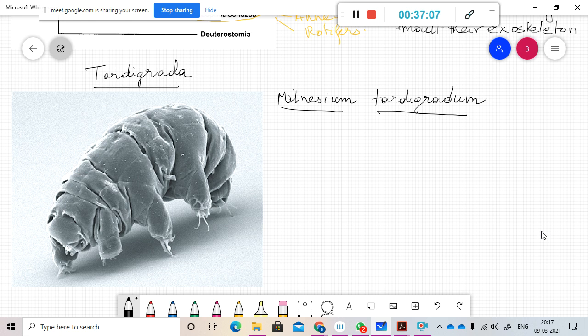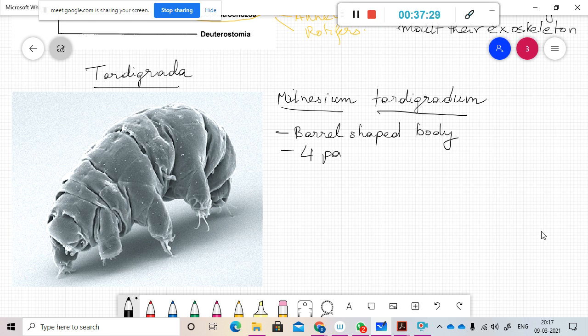They basically have a barrel shaped body. Four pairs of stubby legs. One pair, two pair, three pair, four pair.